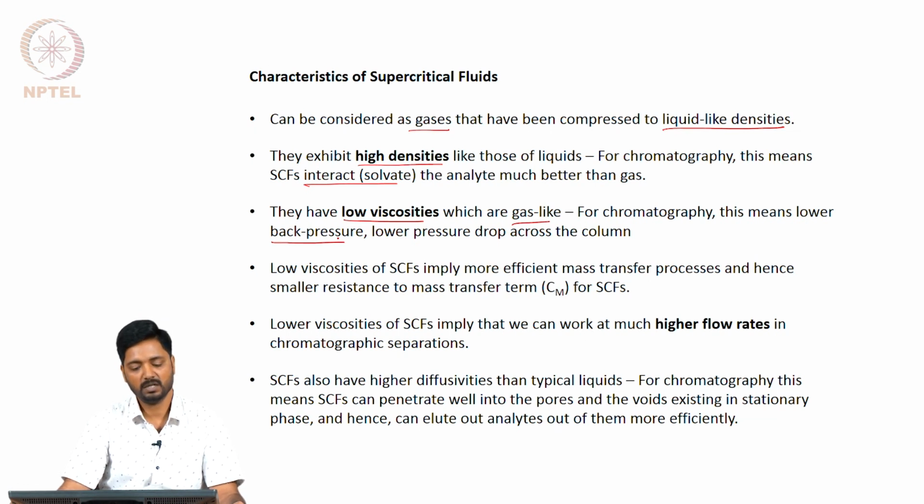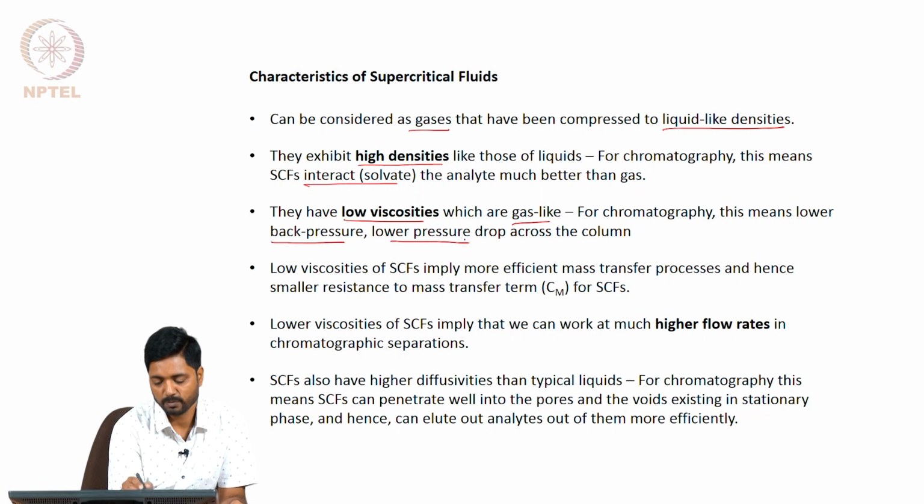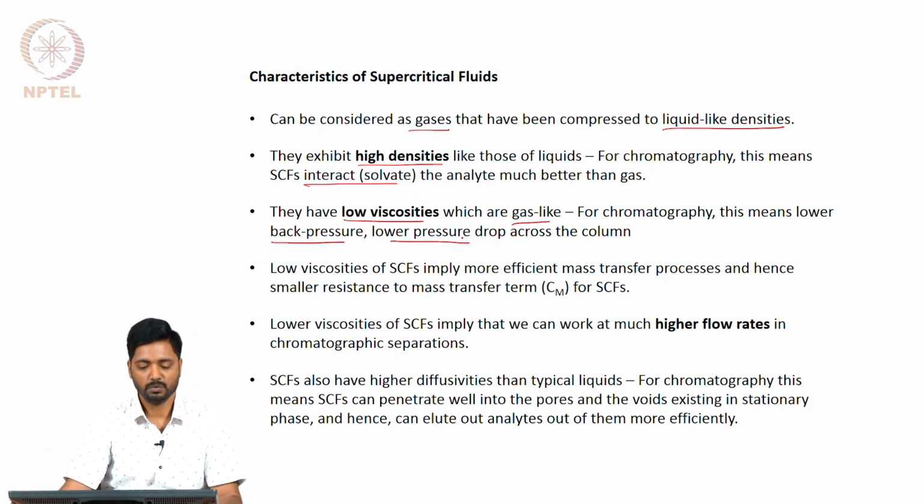They also result in lower pressure drops across the column. So, indeed in supercritical fluid chromatography we can utilize really long columns, which will not be possible in the case of liquid chromatography. So, as we can see, we have a clear advantage of having high densities that of liquid and low viscosities that of gas in case of supercritical fluids.